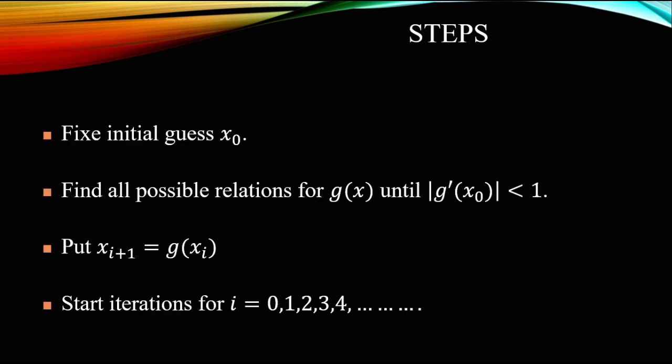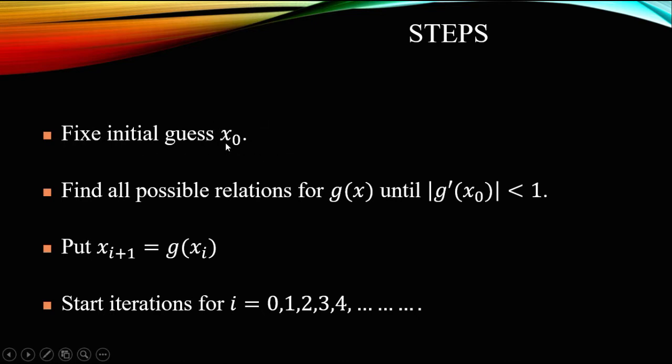So, if we want to find the approximate solution of an equation through the fixed point iteration method, you need to follow these steps. In the first step, you need to find x naught, the initial guess, which we have discussed in the previous lecture.